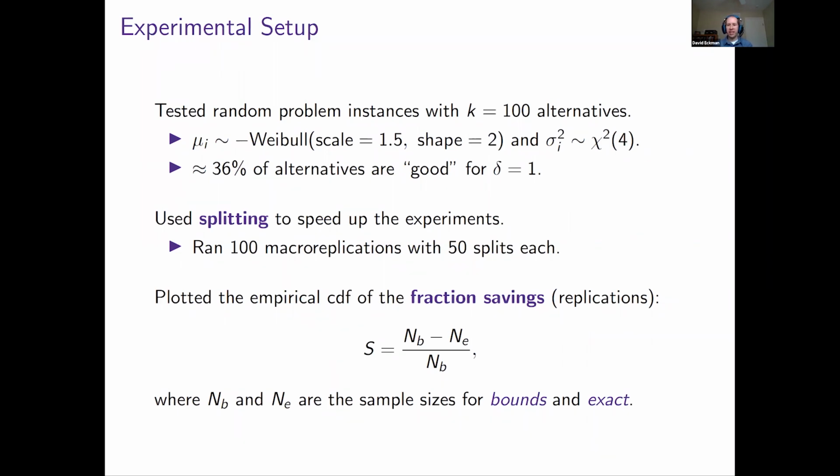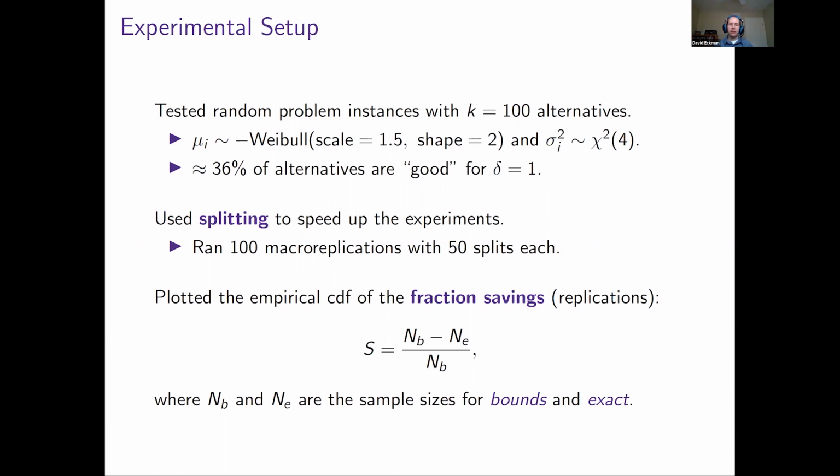And we also use splitting, so in that extra phase when you're taking the additional samples beyond when you stop with the exact one, we split. So we actually take 50 different further sample paths there. We have a total of 5,000 observations in the plots that follow.